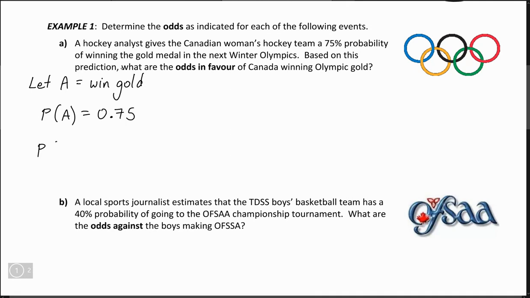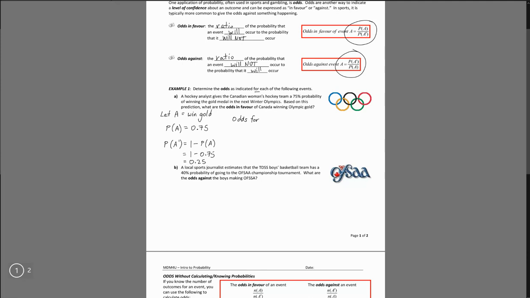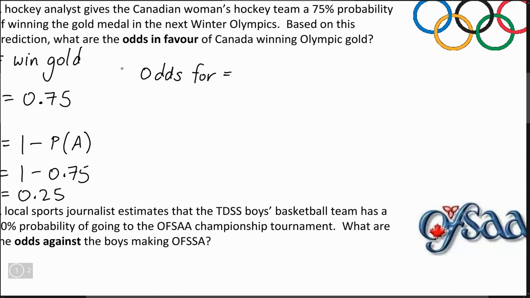And the probability of not winning a gold would be the complement, and that's simply 1 minus P of A, so it's going to be 1 minus 0.75, and that is 0.25. Okay. And so I can calculate the odds using our formula. So the odds in favor of is equal to P of A divided by P of A prime.